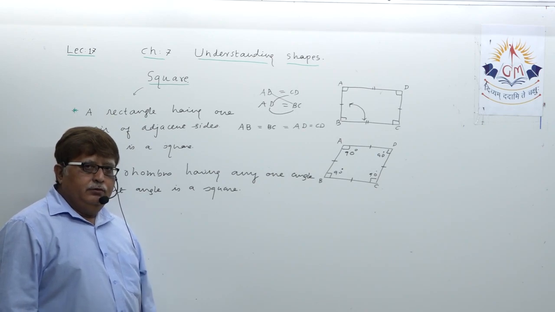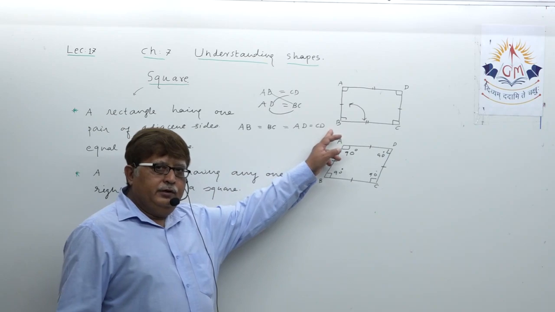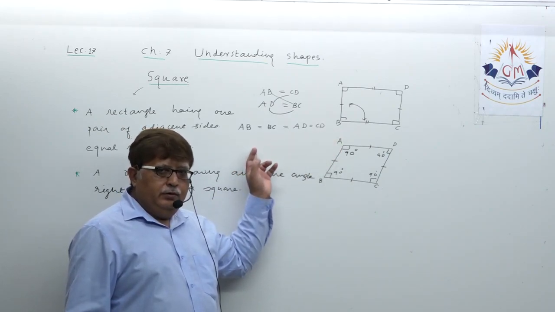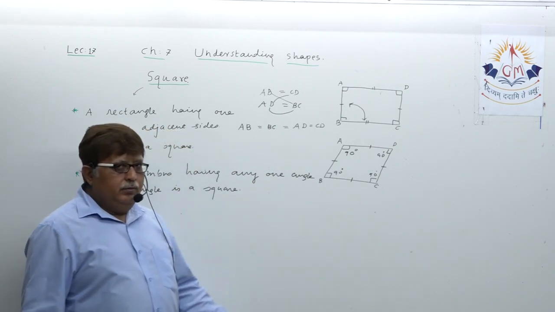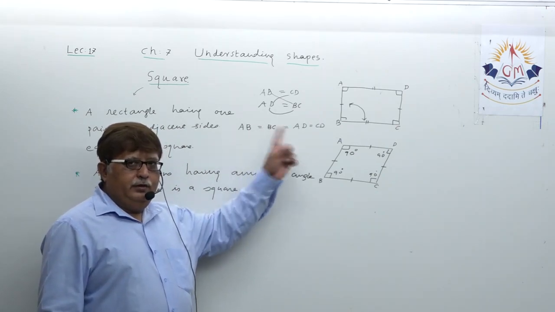Understand? So you can say, dear student, that a rectangle can be a square, no doubt subjected to one condition, but you can never say that a square is a rectangle.